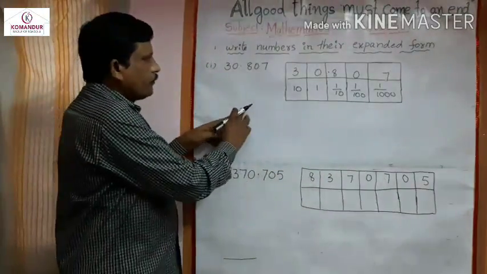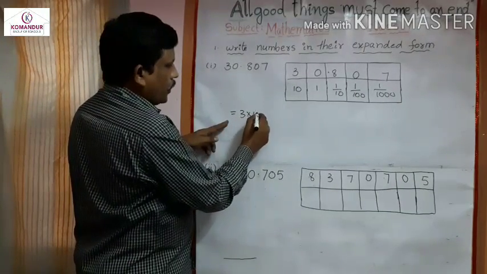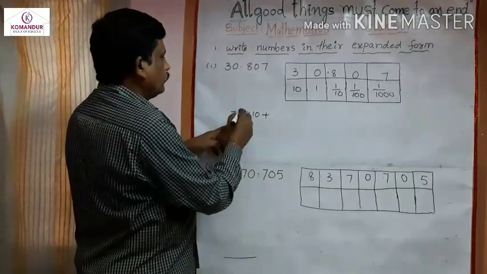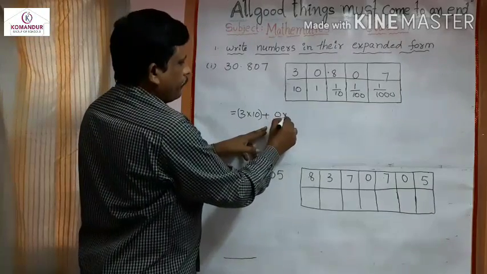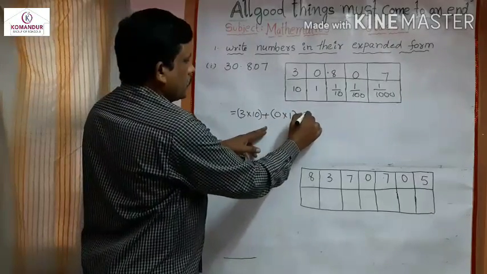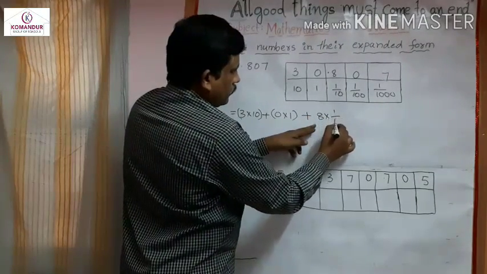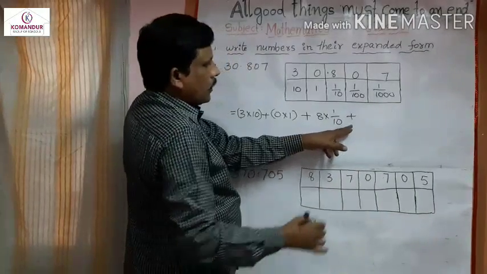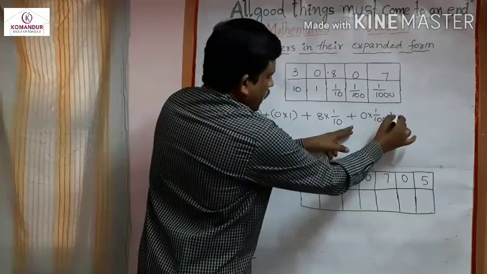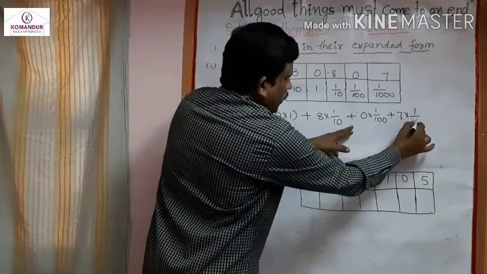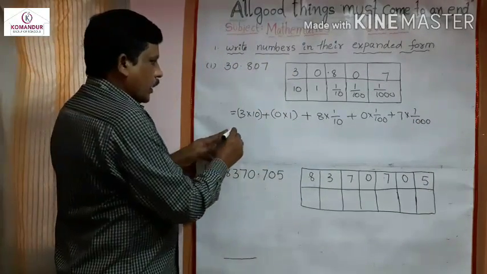Now 3 into 10, plus 0 into 1, plus 8 into 1 by 10, next 0 into 1 by 100, plus 7 into 1 by 1000. We know 3 into 10 is 30.